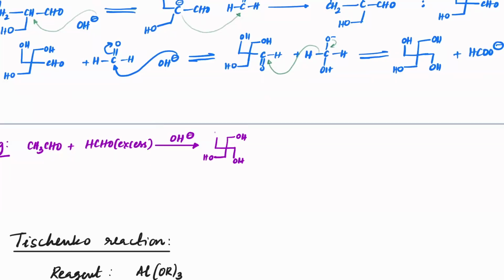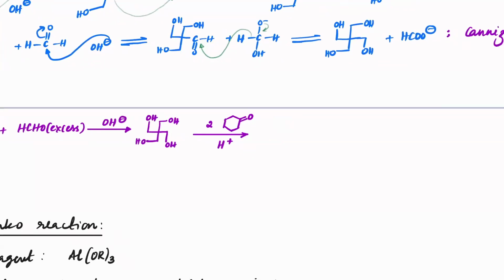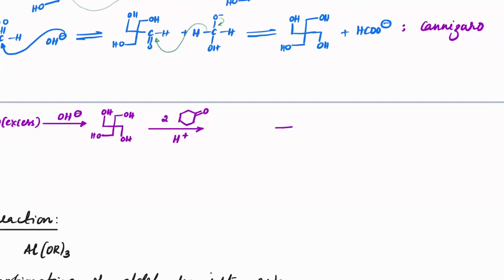Now listen up. In case it is being treated again with 2 moles of, let's say, cyclohexanone in the presence of H plus. Now what does this mean? You know that when you have dry HCl, these two OH groups, I mean diol-type groups here, will give you acetal formation, and that's exactly what happens here.